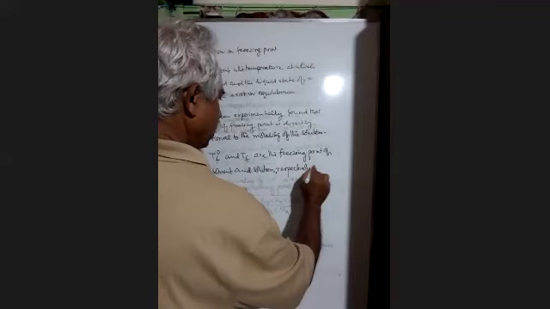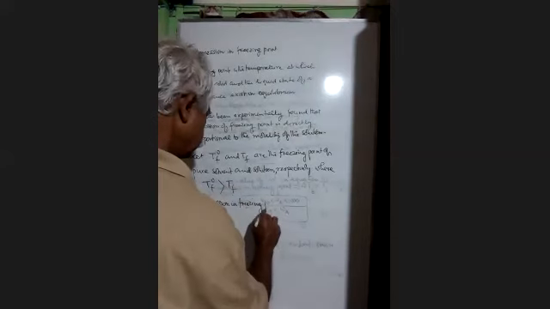Where TF0, see, water freezes at what? 0 degree Celsius. And I told you the salt and ice mixture freezes at -22. So which is higher? 0. So this will be higher. This is for the solution, this is for the pure solvent.